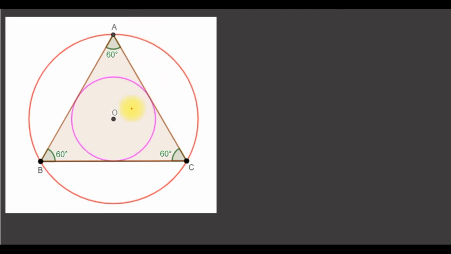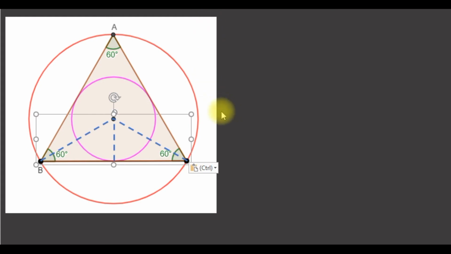So if we join some points, as you can see, the side is like a tangent line to the circle. It's tangent to the circle, so the radius is perpendicular to that. So this is the radius, let's call it R.